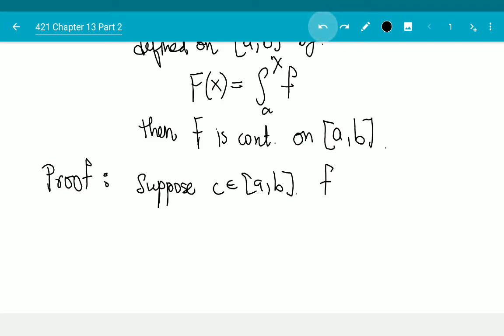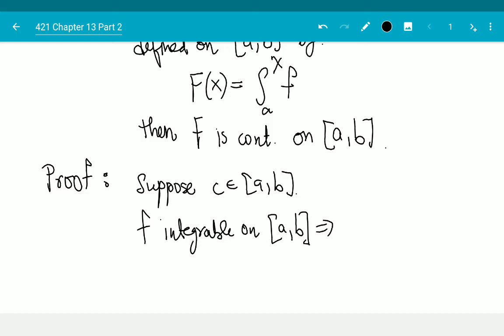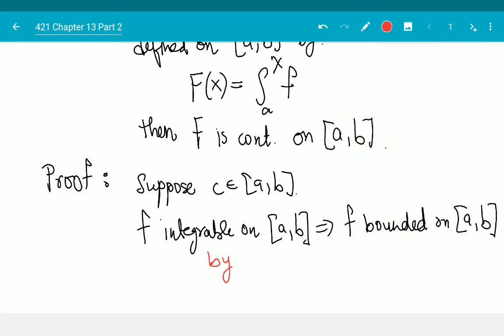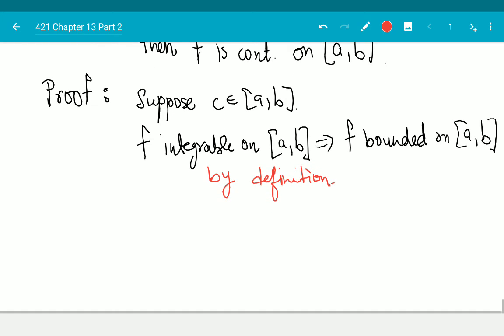We defined our function to be integrable only if it is bounded.